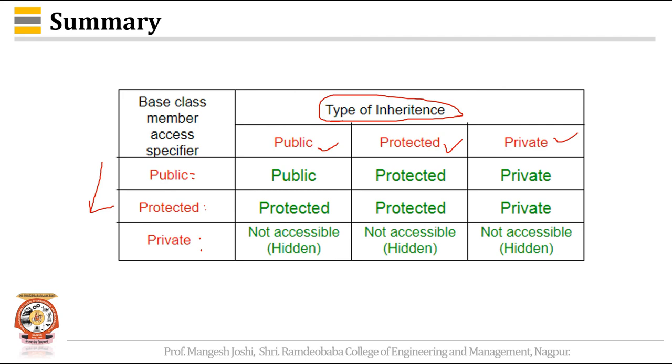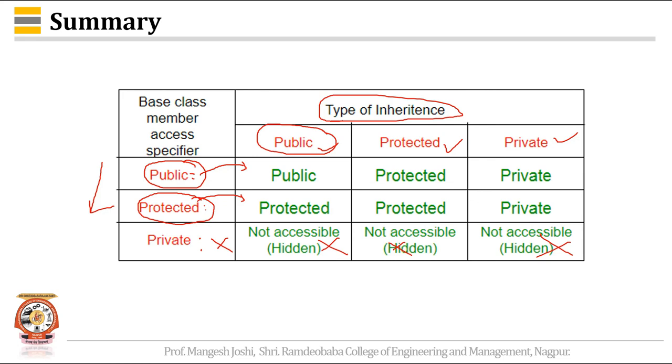If you have derived the class using the public keyword, the public members of the base class will be available in the public section of the derived class. Then protected members of the base class will be available as protected members of the derived class, and private members, in any case, you cannot access. Private members cannot be inherited.